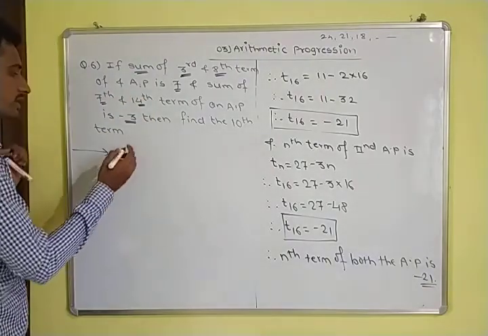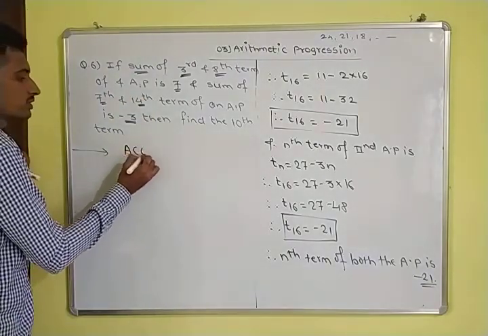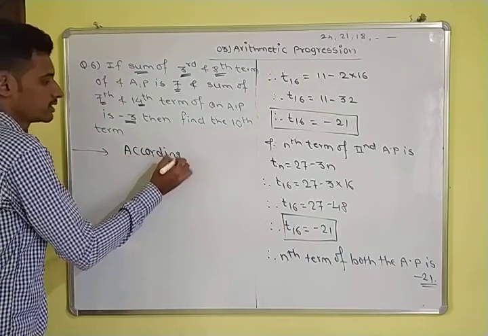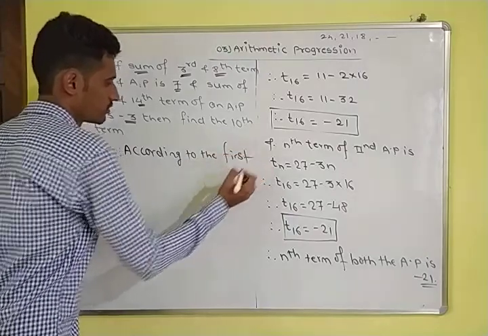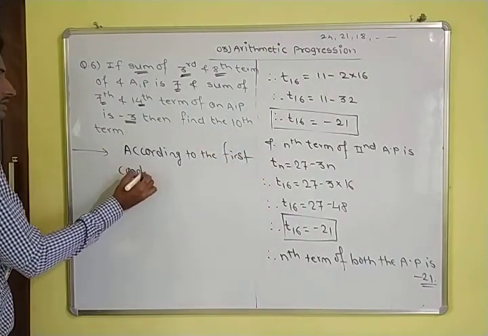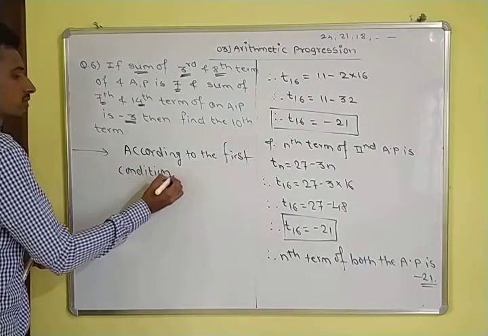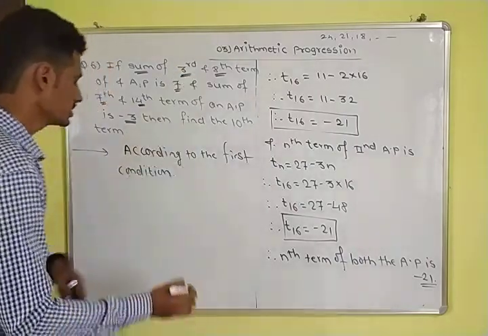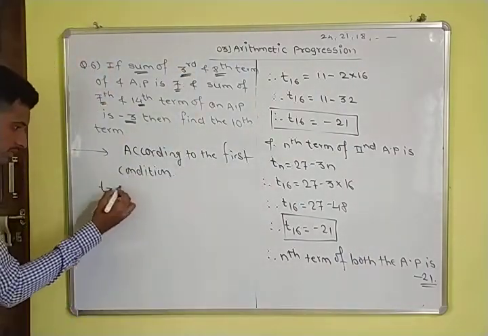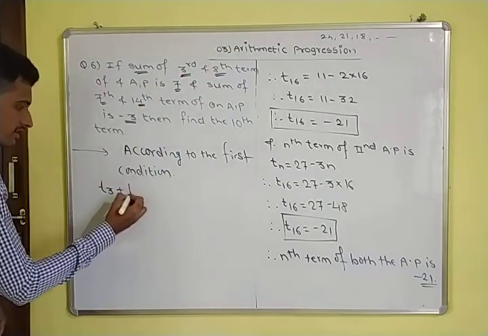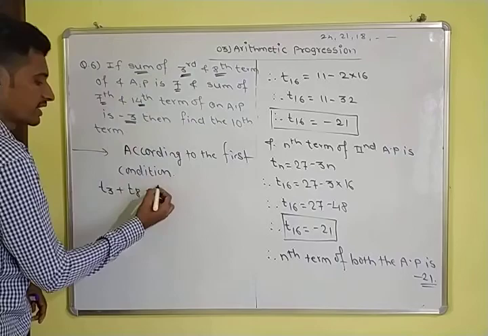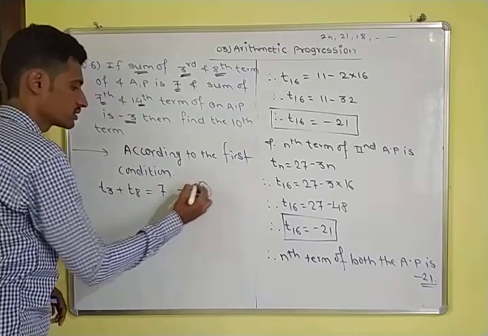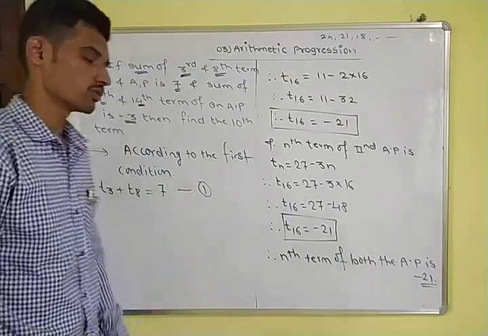According to the first condition, T3 plus T8 is equal to 7. Say this equation number 1.